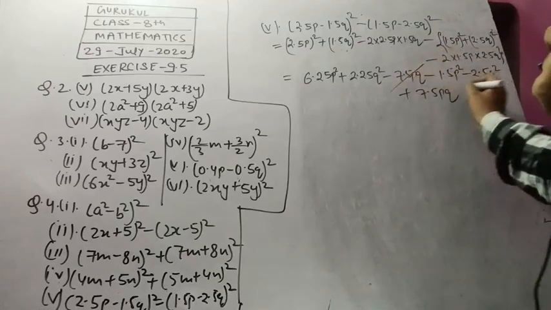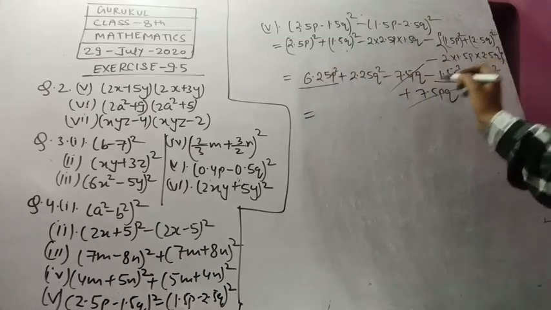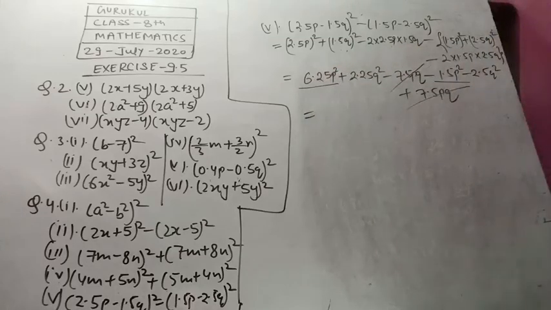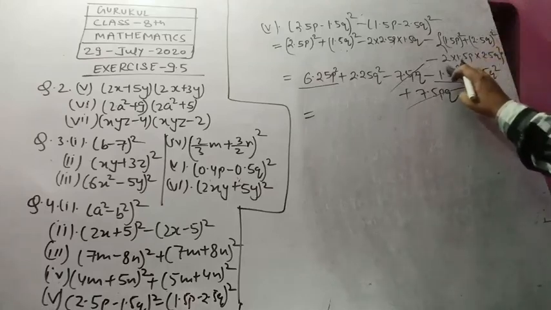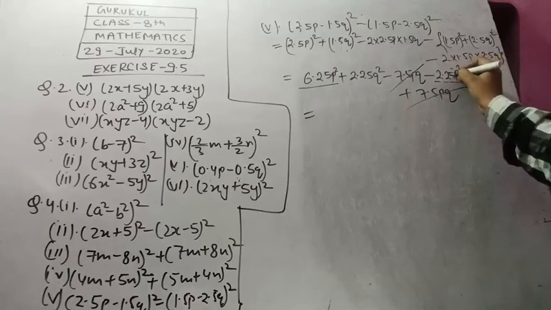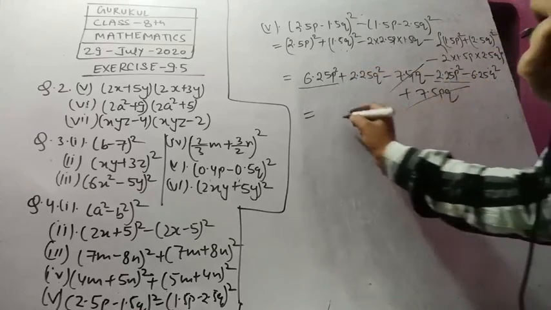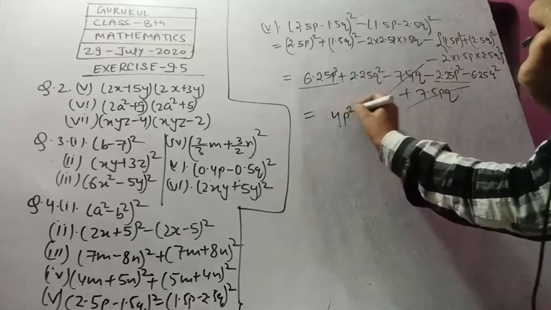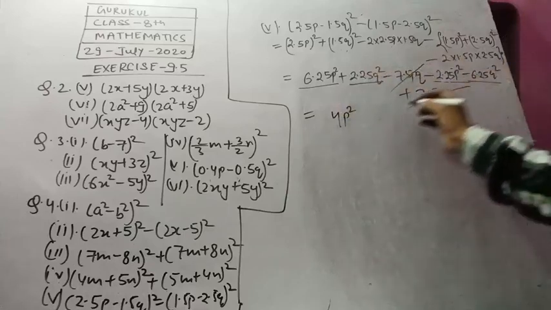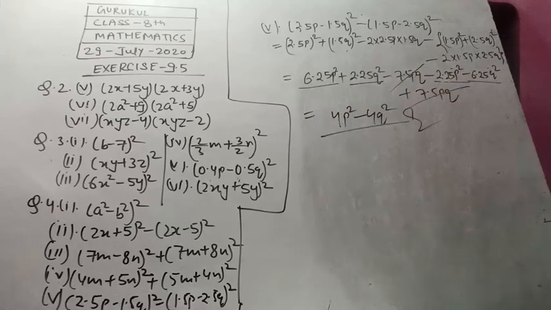Minus 7.5pq plus 7.5pq cancel out. 1.5 square will be 2.25p². 2.5 square will be 6.25q². So 6.25 minus 2.25 will be 4p². 6.25 minus 2.25 will be 4q². So this is the remainder and this is the answer.